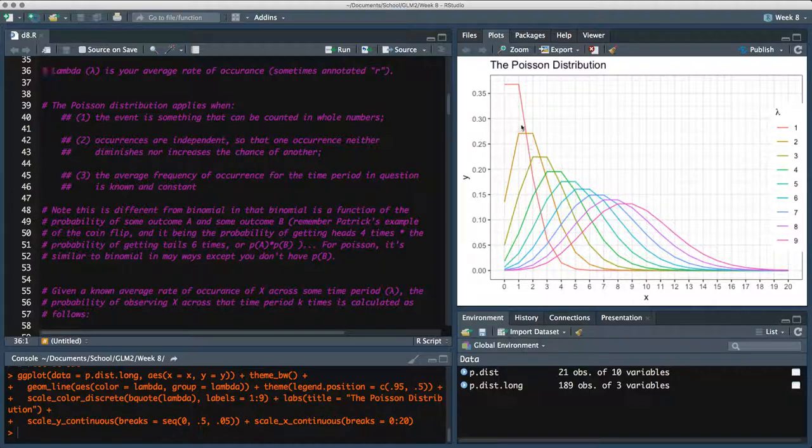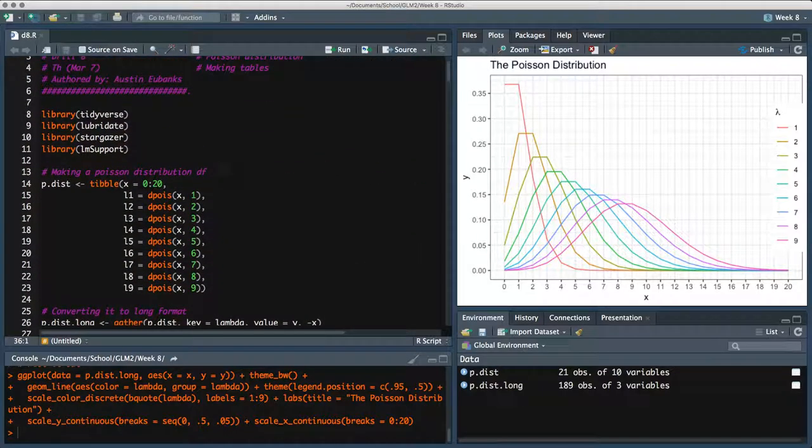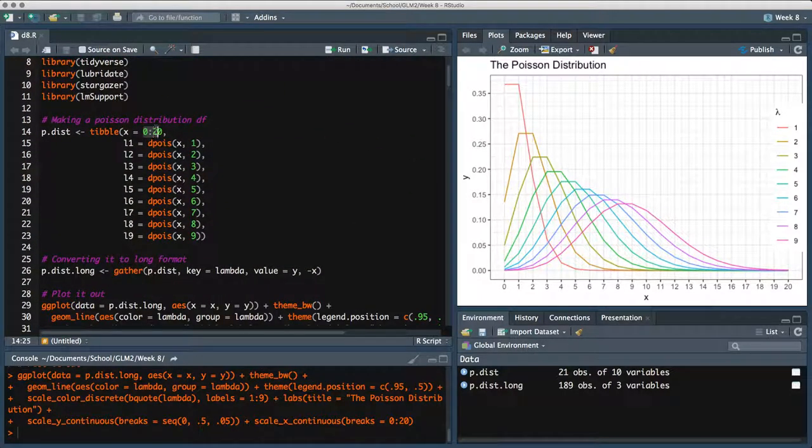One thing to note is that these distributions look kind of blocky and not smooth. That's just a function of the way this distribution works and the way it's plotted, because I only specified up here in making these the x values of 0, 1, 2, 3, and so on.